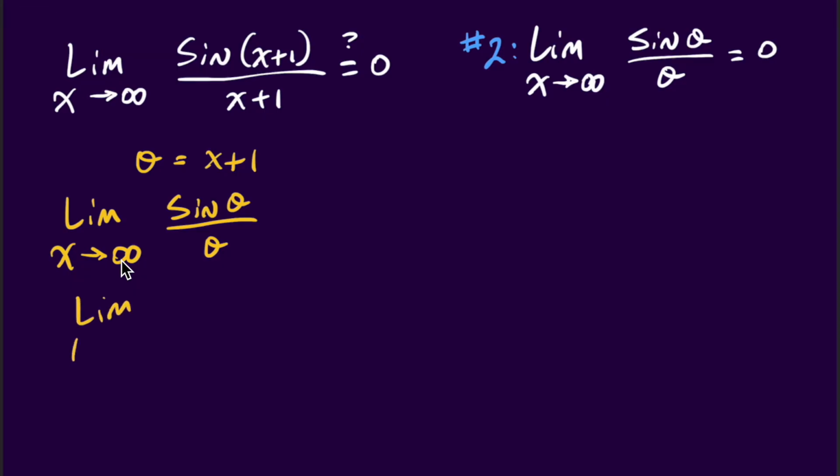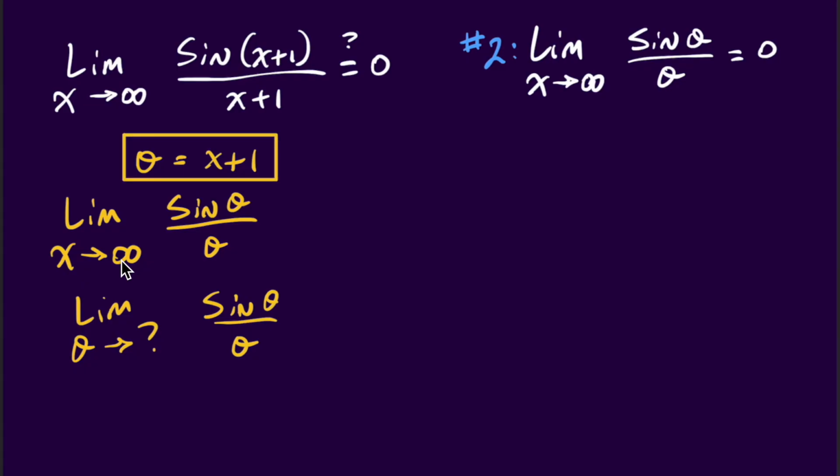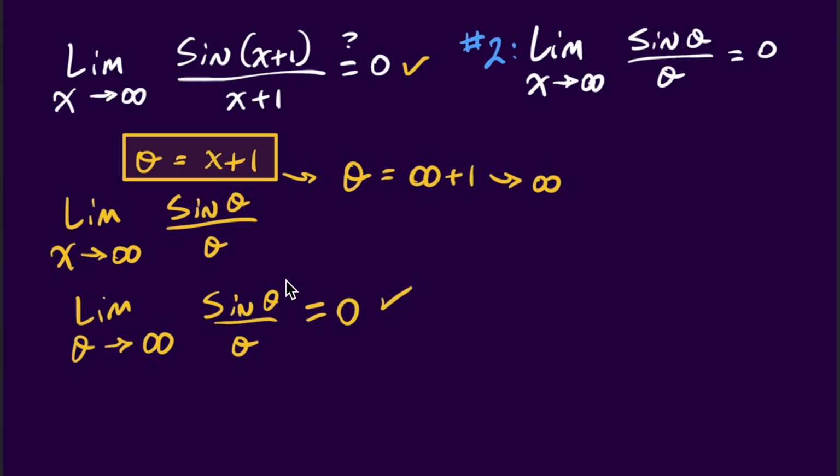So we're going to rewrite the limit as theta goes to what of sine theta over theta. Let's look at our substitution box here, and we ask ourselves, as x goes to infinity, theta is going to go towards infinity plus 1, otherwise known as infinity. So let's change that. Now the classic limit is intact. The limit as theta goes to infinity of sine theta over theta is equal to 0, and indeed we have a match.